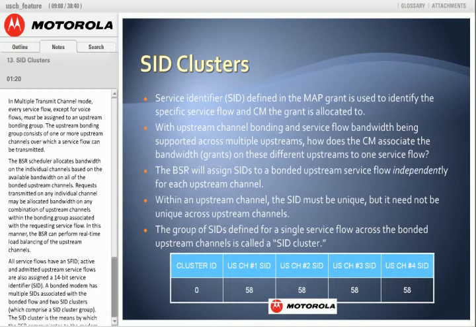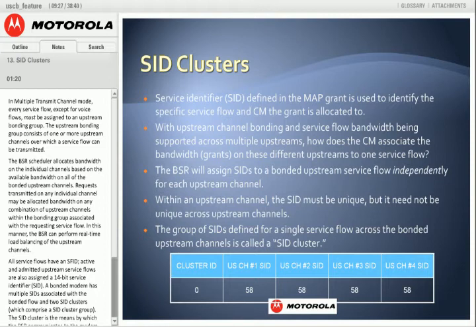Requests transmitted on an individual channel may be allocated bandwidth on any combination of upstream channels within the bonding group associated with the requesting service flow. In this manner, the BSR can perform real-time load balancing of the upstream channels.